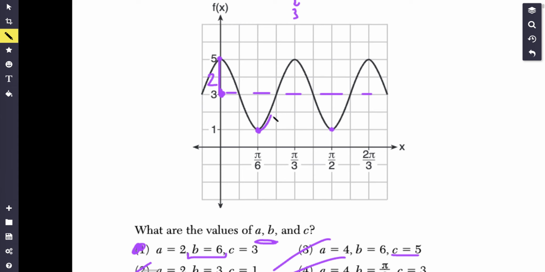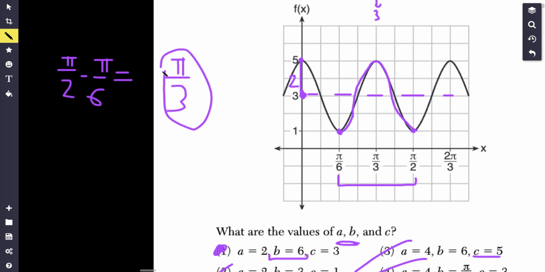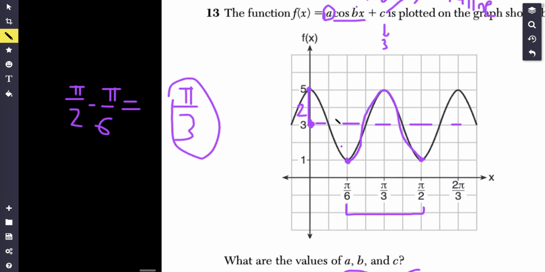So right over here, notice how the graph completes one cycle in a span of from pi over 2 to pi over 6. So the difference between those values is just going to be pi over 3. All right, so that's how long it takes for this graph to complete one cycle.